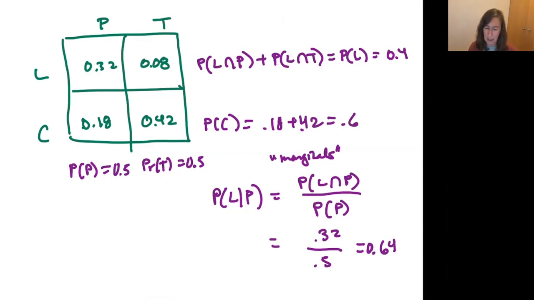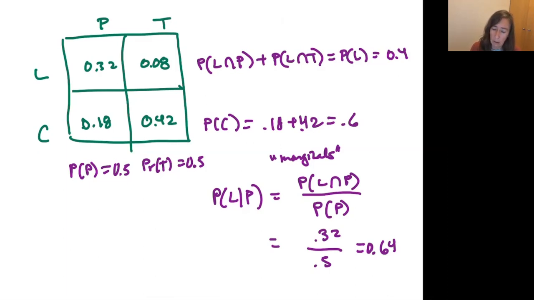As always, when we have an unconditional probability and a conditional probability of the same event, it's never a bad idea to ask yourself, does it make sense? Does it make sense that if we know somebody is socially progressive, that makes us think the probability they're economically liberal is higher than it was before we knew that? Yeah, it makes sense. It makes sense in this model precisely because people who are economically liberal are more likely to be socially progressive.